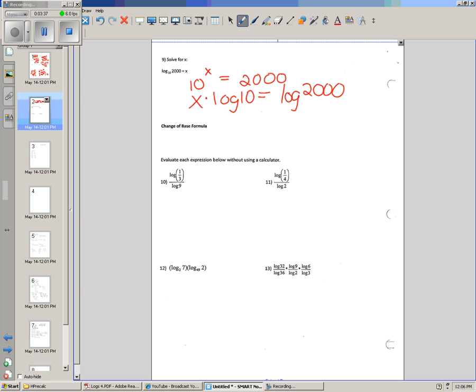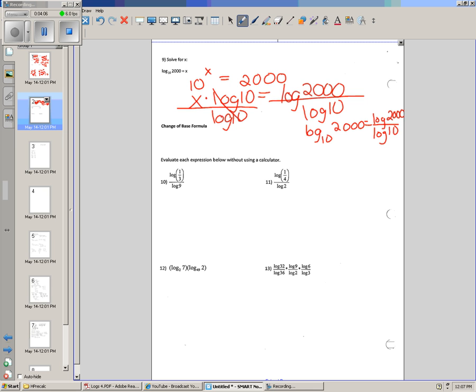And now to finish solving for x, to cancel out multiplying by log of 10, we're going to divide on both sides. Okay, but what we'll notice is that we just figured out that log base 10 of 2,000 is the same as log of 2,000 over log of 10; we really could have used any base.